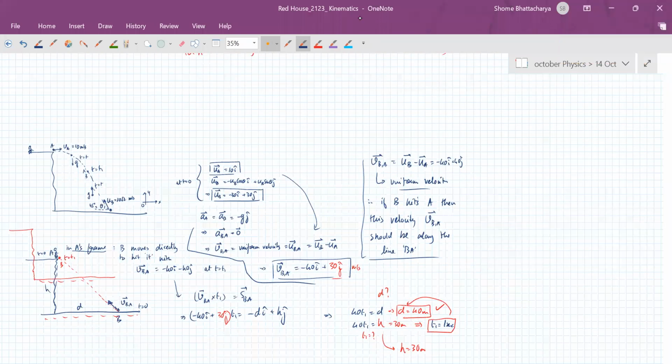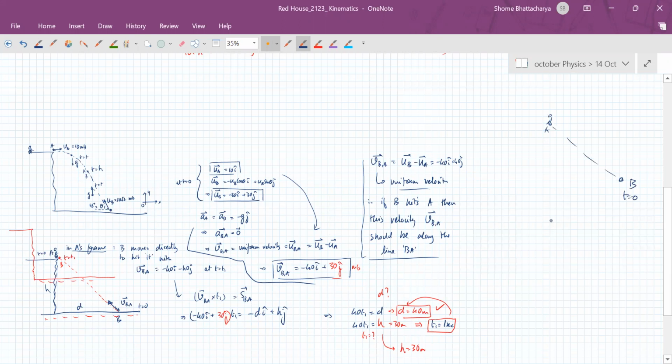Sir, how is the displacement of B with respect to A minus D i cap plus H j cap? Sorry, come again. How is the displacement of B with respect to A minus D i cap plus H j cap? Because see, in A's frame, what is happening? B was initially here, no?